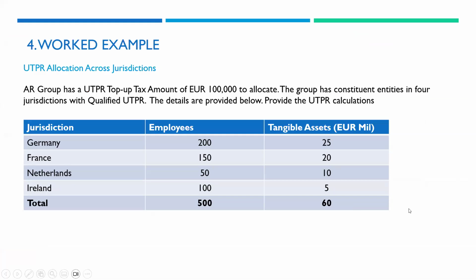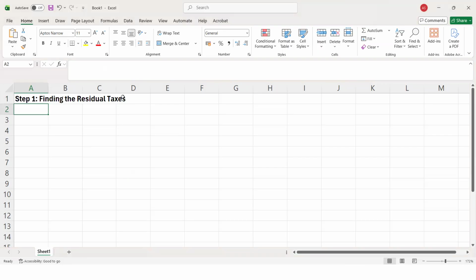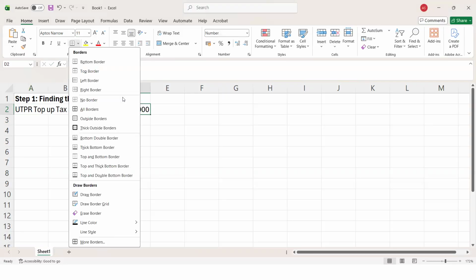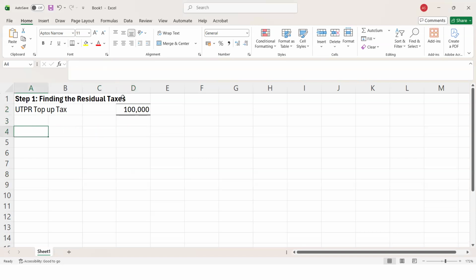Yeah, it is 100,000, absolutely, because the question has called UTPR. In case it is not given, then you have to calculate. So what is the UTPR top up tax? It is 100,000. Okay. So let's double underline that.